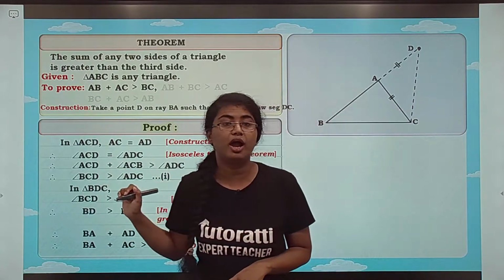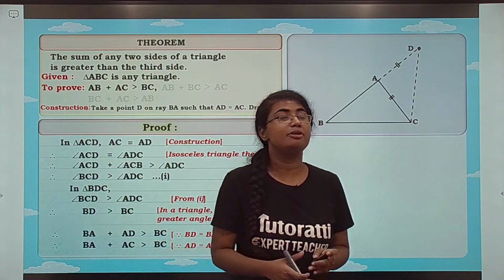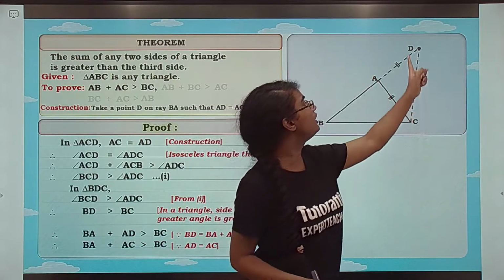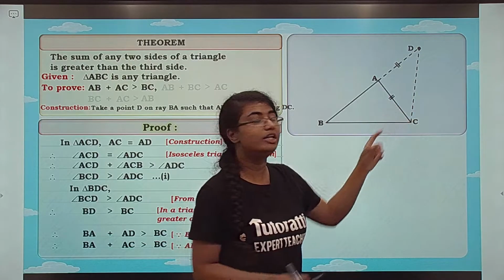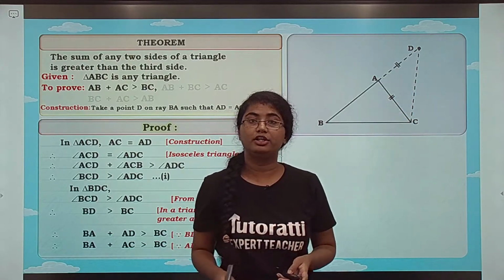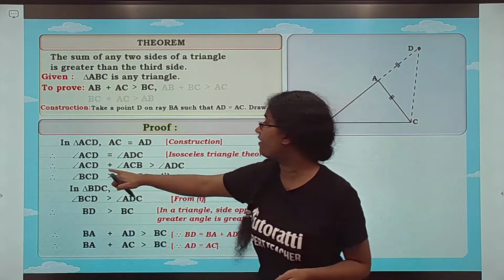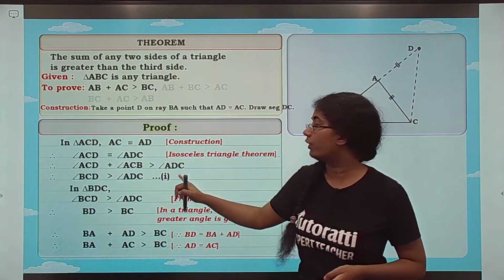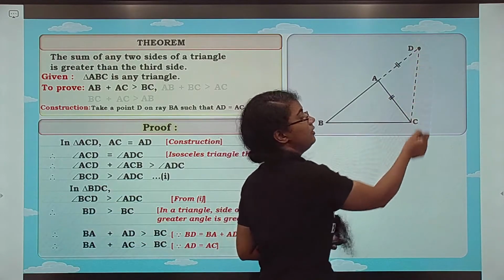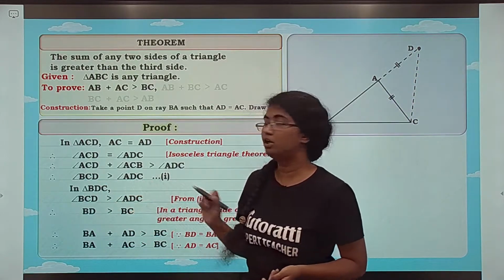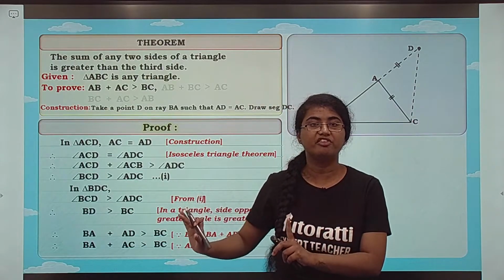Now, if you try to add ACD with ACB, this entire angle will be greater than the other one. Right? So it is greater than ADC. Now this entire angle BCD is greater than your ACD. Okay. This is what we have established.